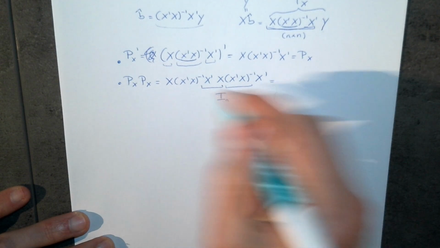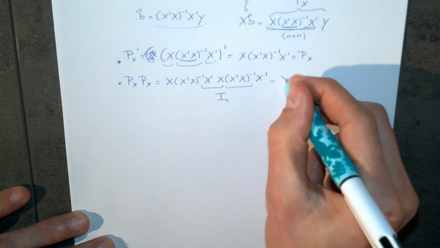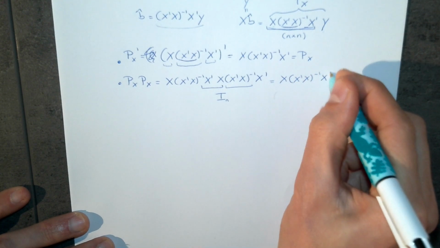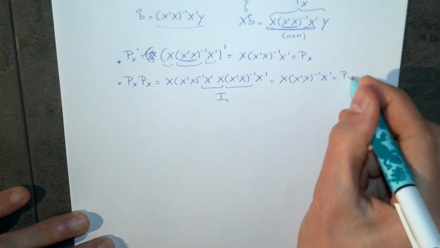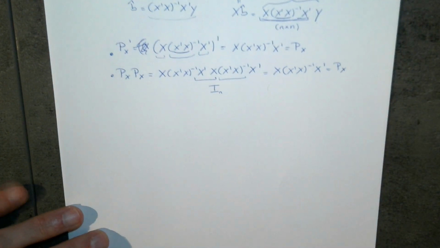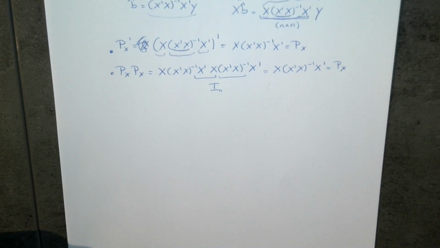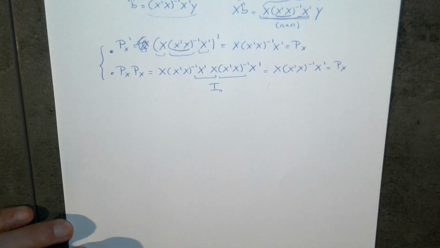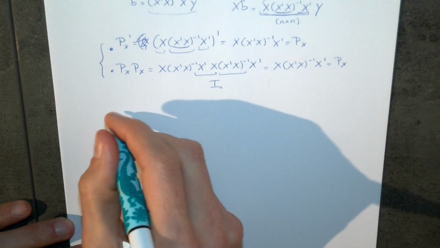So this drops out, and we are left with X (X'X)^-1 X', which is the same as Px. So Px times Px is equal to Px. This means that this matrix Px is idempotent. These are two interesting properties to remember.